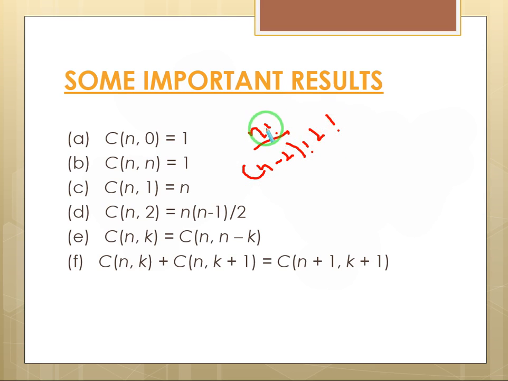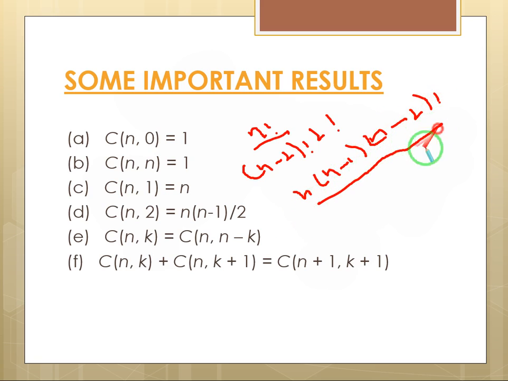Open this up to n minus 2, so n into (n minus 1) into (n minus 2) factorial, divided by (n minus 2) factorial into 2 factorial. Divide this by this, so n into (n minus 1) divided by 2 factorial. 2 factorial is equal to 2 multiplied by 1, which is 2. So this is the formula.